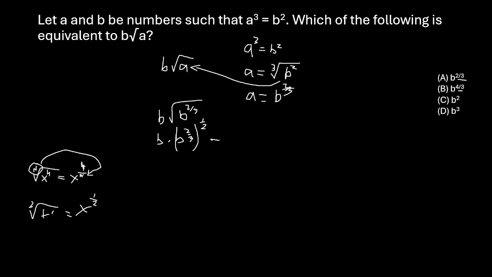Okay, now remember how we can take the power of something. So it's b to the power of something, the whole thing to the power of something. How can we evaluate that? Well, x to the n to the k is equal to x to the n times k.